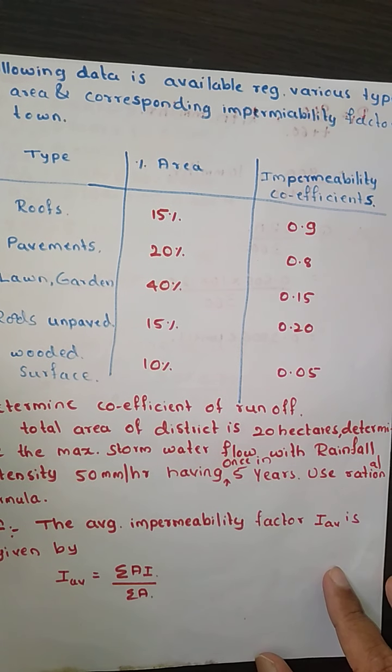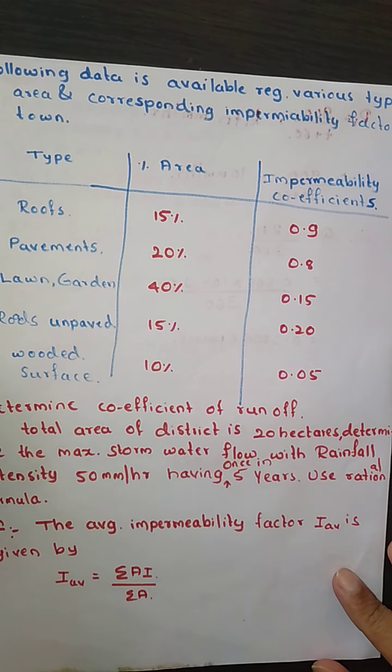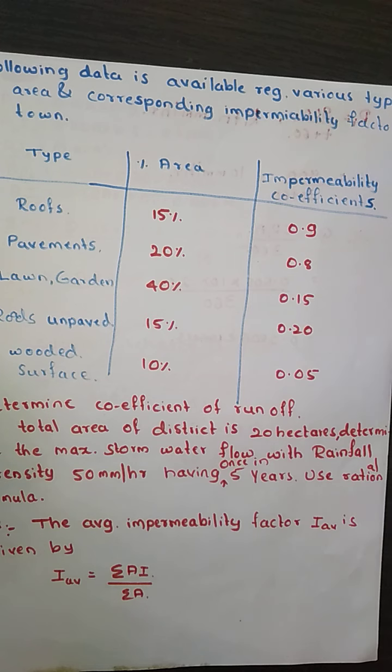Now the average impermeability factors: the roofs are around 0.9, then pavements around 0.8, lawn 0.15, roads around 0.2, and the wooded surface 0.05.